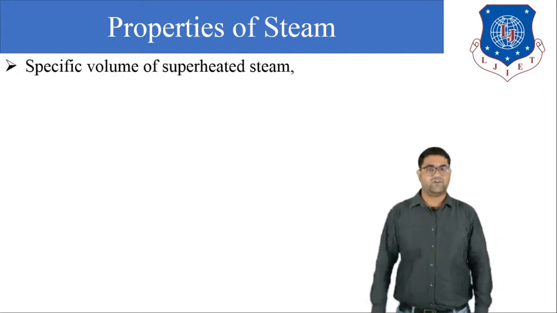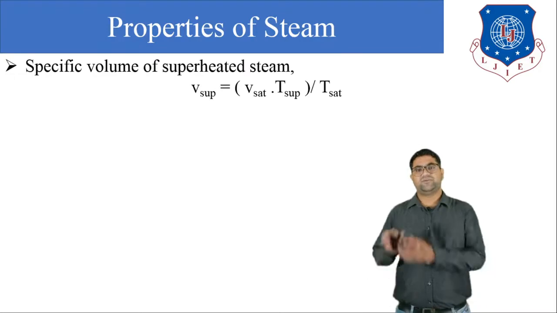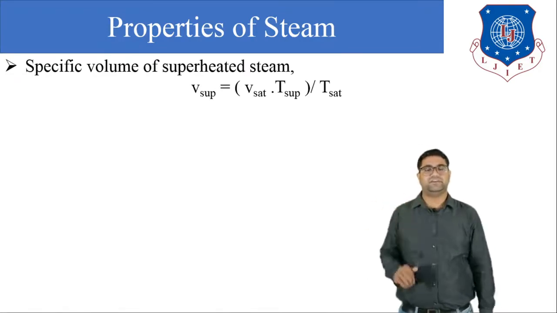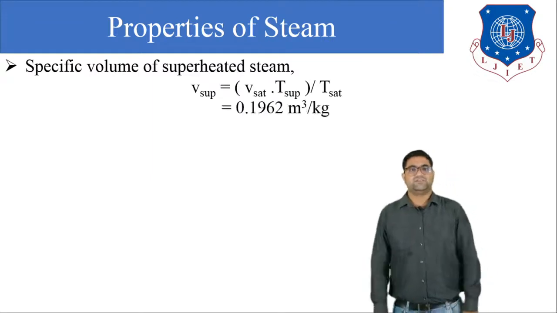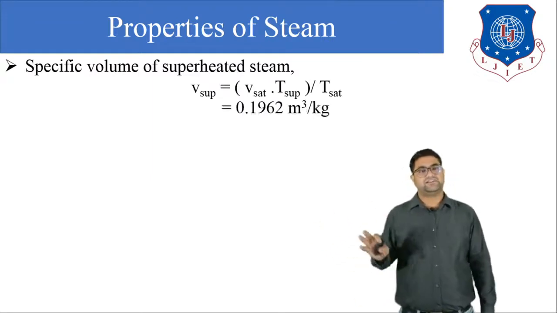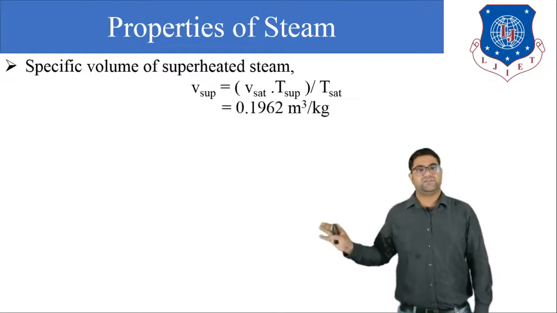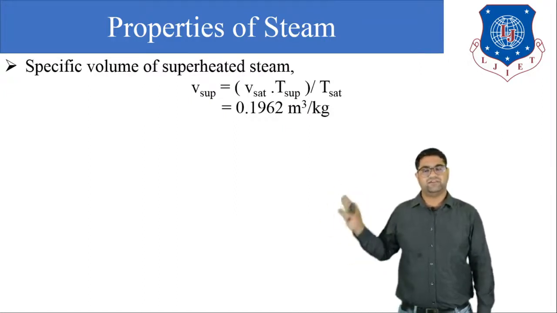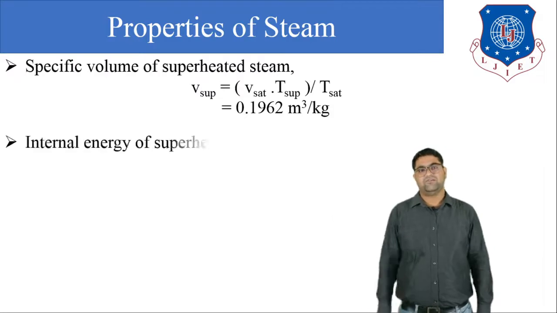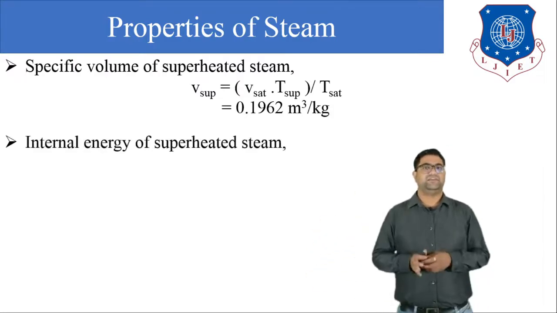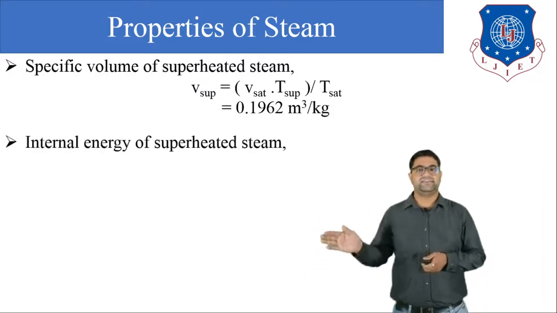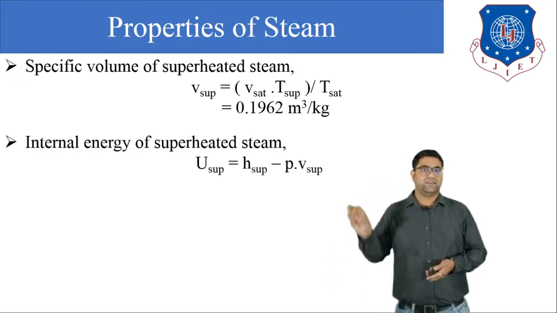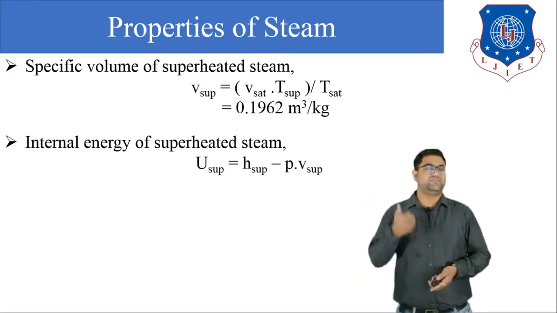Next, the specific volume. The specific volume of the superheated steam can be written as V saturated into T superheated upon T saturated. If we put all the data that is already given, we can find the superheated volume, 0.1962 meter cube per kg. Now we can put the value in the internal energy equation: internal energy equals enthalpy minus flow work, so H superheated minus P into V superheated.